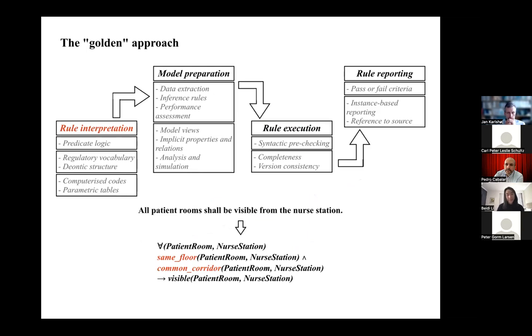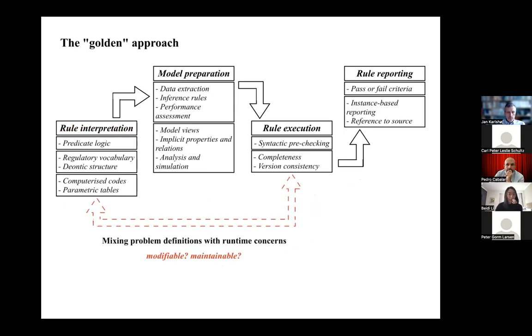But this obscures the true semantics of the requirement, because we're adding two additional assumptions: that for a patient room and nurse station to be visible, they must be located on the same floor and they must share a common corridor, which are not always the case.